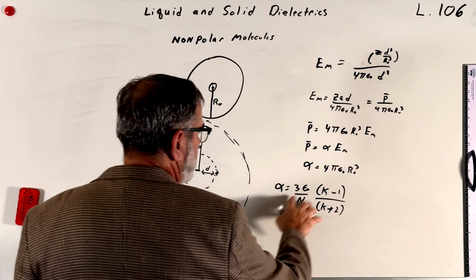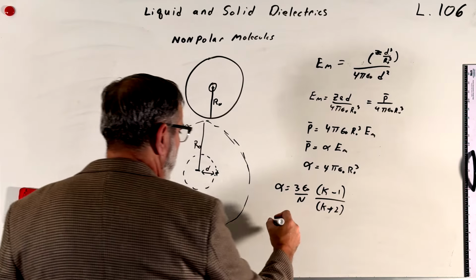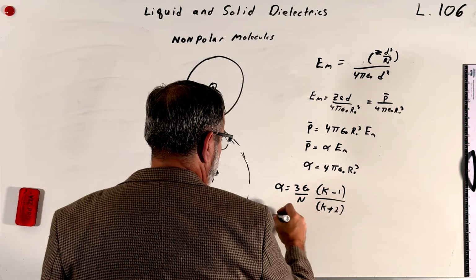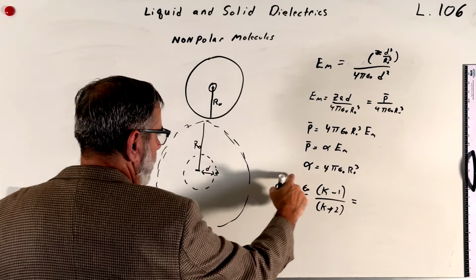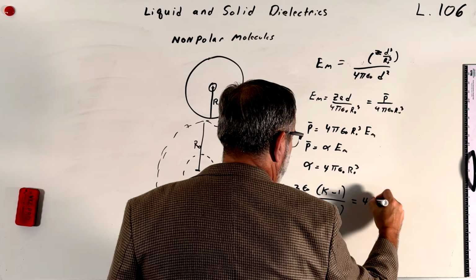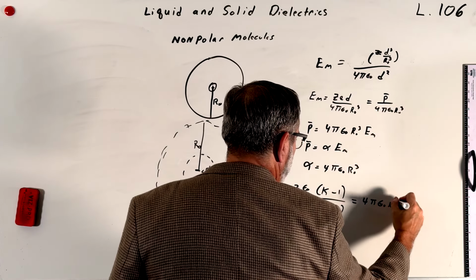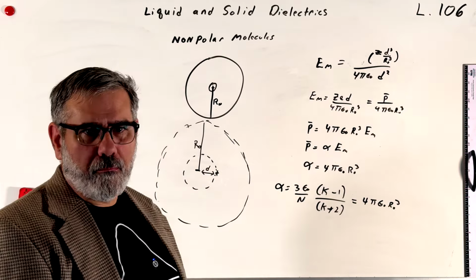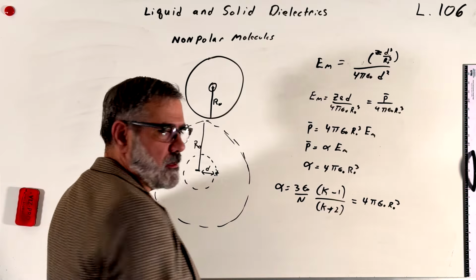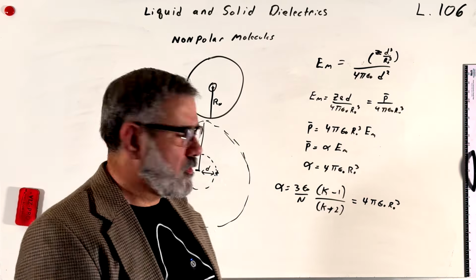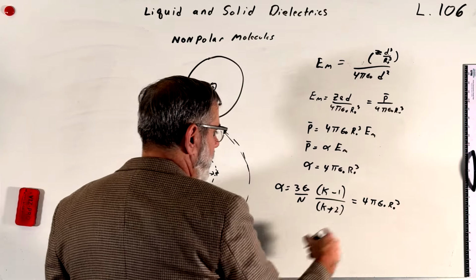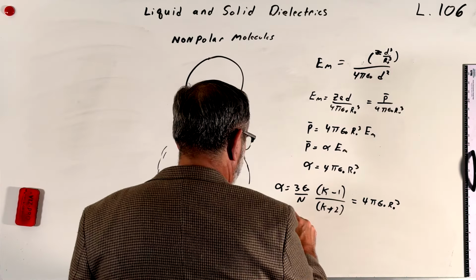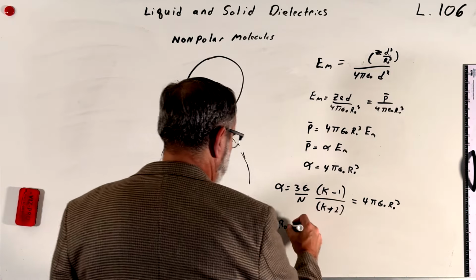And so if I use this and substitute it in here, then I'll say that this is equal to this alpha. So this is equal to 4 pi epsilon naught r naught cubed. And you see that we can get the radius of an atom given its dielectric constant, right? So we can measure the dielectric constant in the laboratory, and now we can calculate from that what the radius of that atom would be. And I think I give you a problem in the homework that looks like that too.